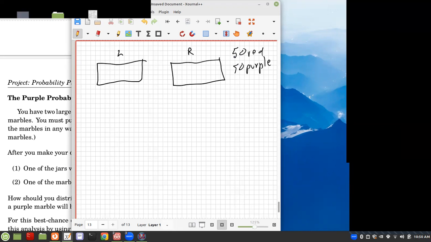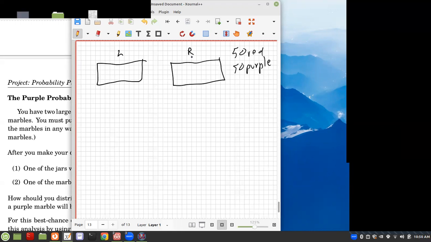So the idea here is to propose a distribution and then use the conditional probabilities, basically the law of total probability, to understand this. For example, one partition might be: the marble you chose is on the left, and the marble you chose is on the right.